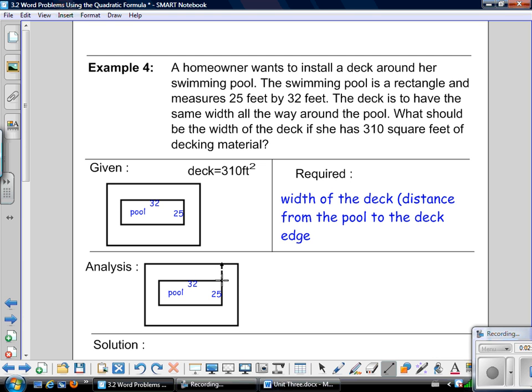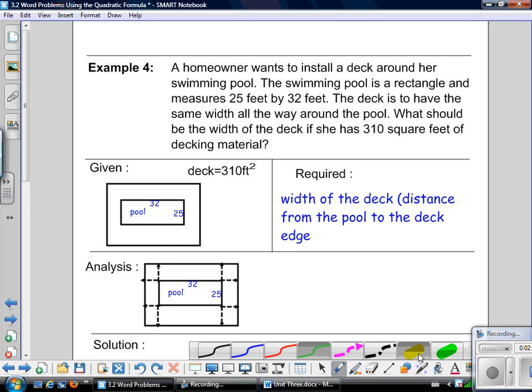We know that these distances everywhere are the same. Okay, so they're all equal to each other. Everywhere is equal. And what they want us to find is this in here, and I'll just do it highlighted. So they just want this area in here. Okay, that's what we're interested in.